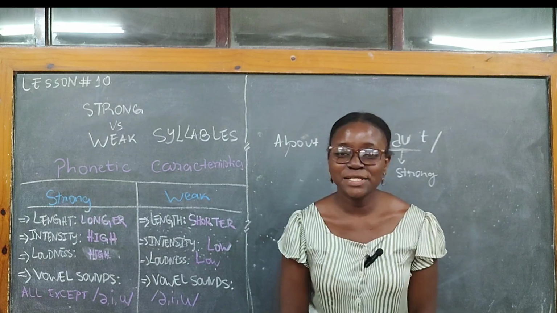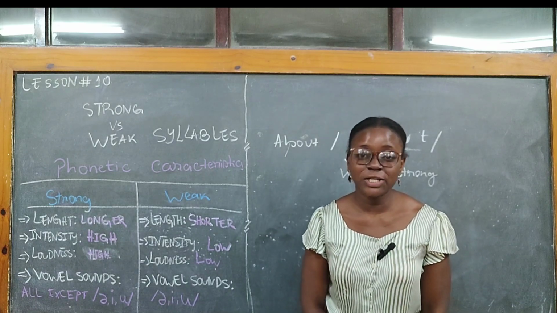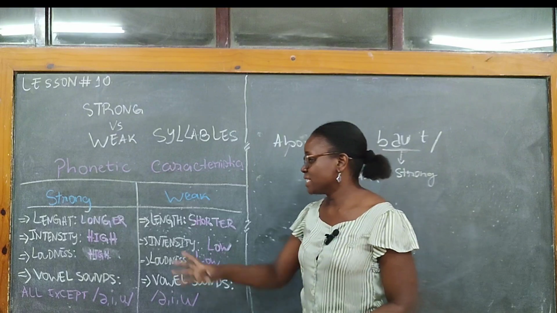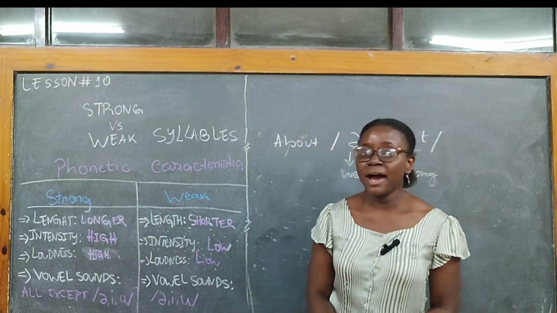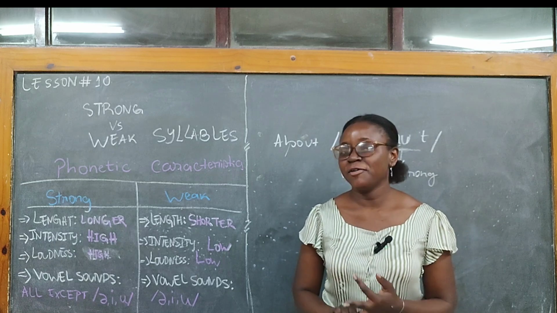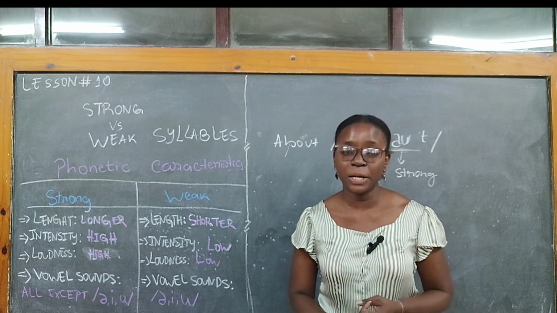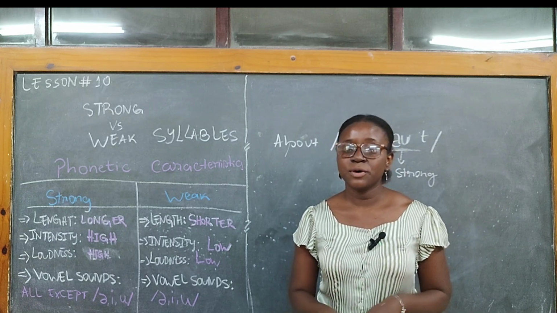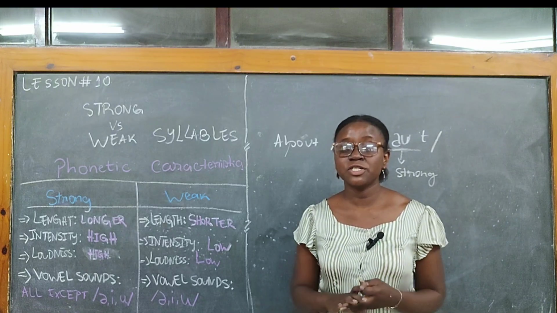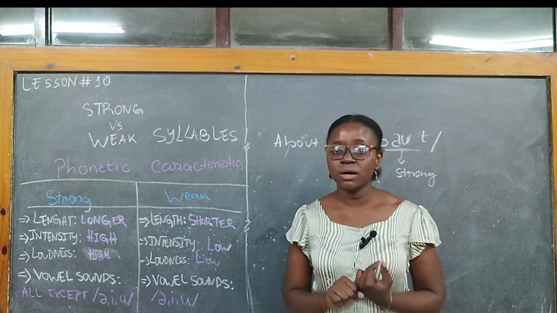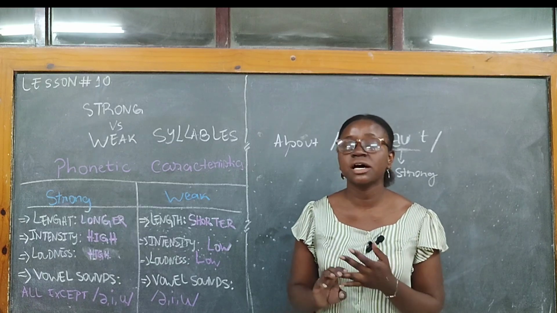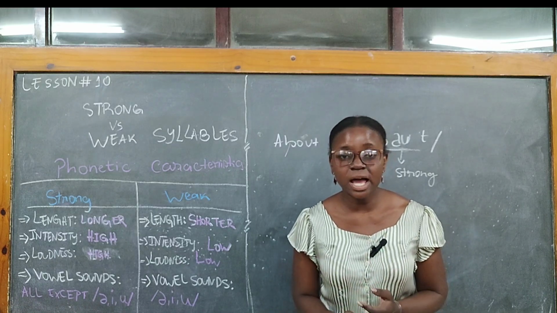So let's recap all the characteristics that we've seen so far. Let's start with the strong syllables. They are longer in length, they are more intense, they sound louder, and the most common sounds are different from the schwa sound, the short i and the short u.